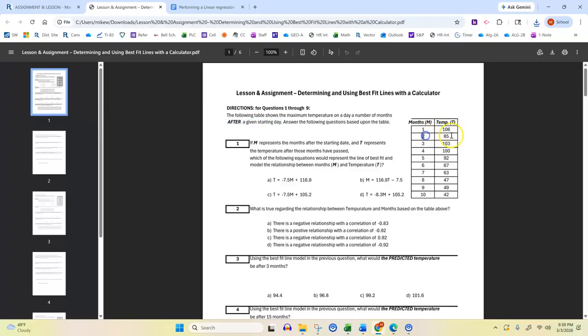After 2 months, 85, etc. So this would be your x, or your independent variable, and this would be your y, but in this case it's m for months and t for temperature. We're going to enter this data into a calculator, run a regression for a best fit line, and then use it to answer questions 1 through 9.